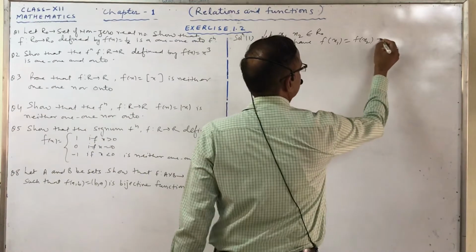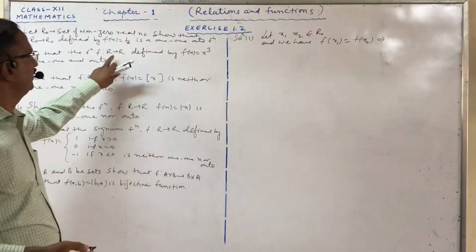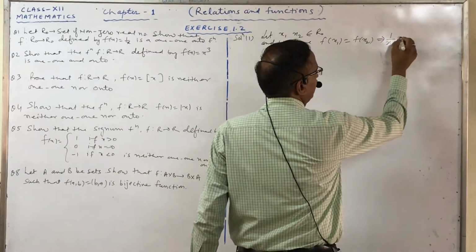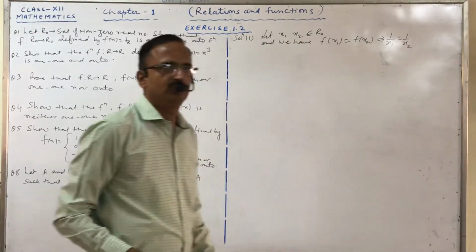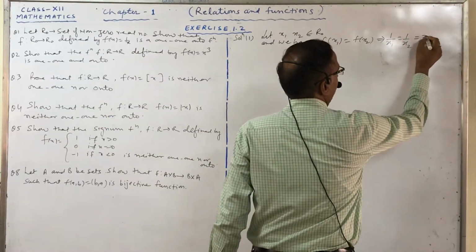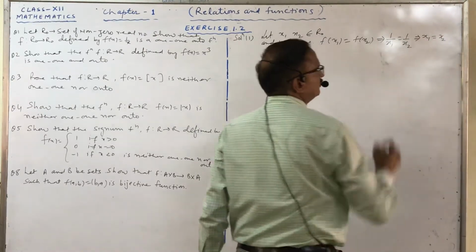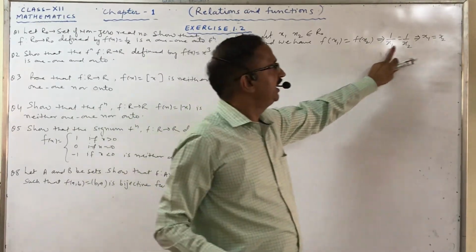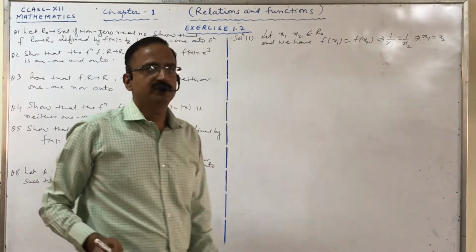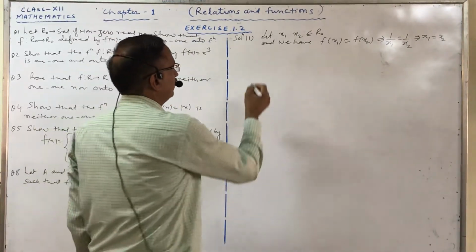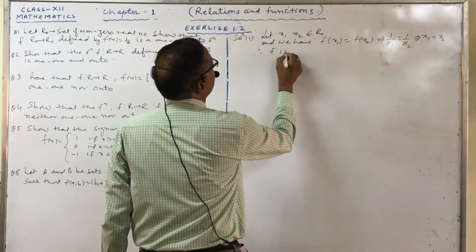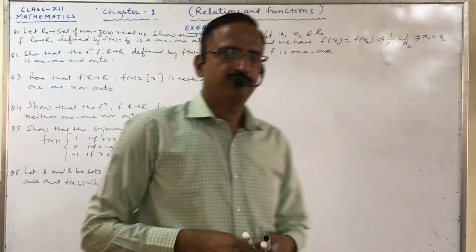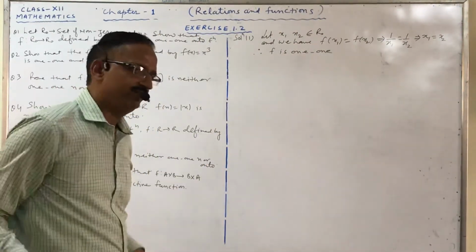With the help of this given function, this is 1 by x1 and this is 1 by x2. Or we can say that x1 equals x2. So look, when the images are same, then the elements are same. It means this function is one-one. So therefore f is one-one. This is the working principle for proving a function to be one-one.